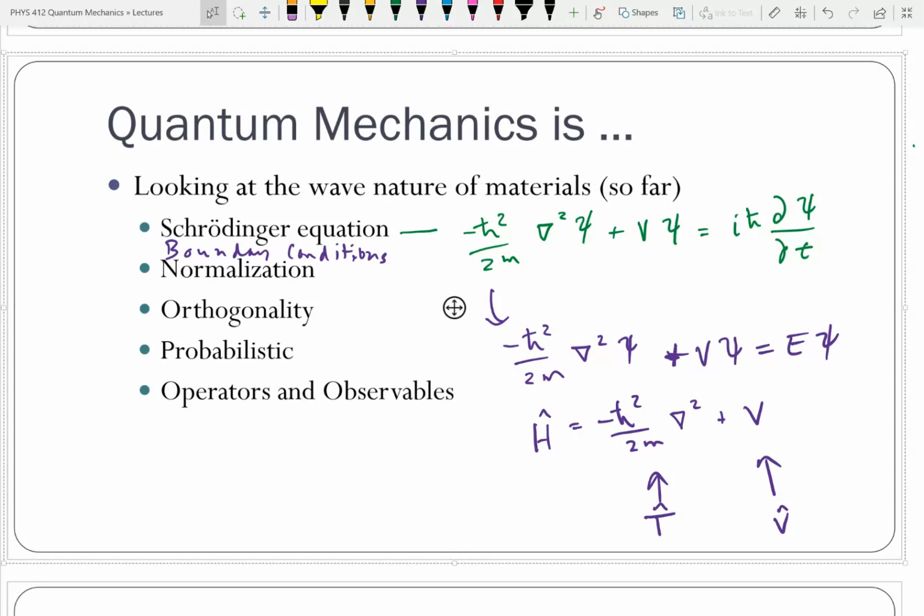Orthogonality. We get multiple solutions, and each one of those solutions has to be orthogonal to all of the rest. Orthogonal being a word that fundamentally is the same as perpendicular or normal. Perpendicular is two-dimensional, right? My fingers are perpendicular to each other. Normal is three-dimensional.